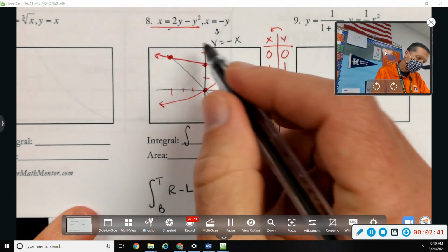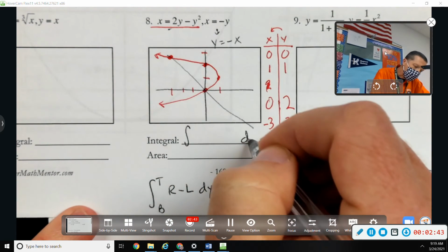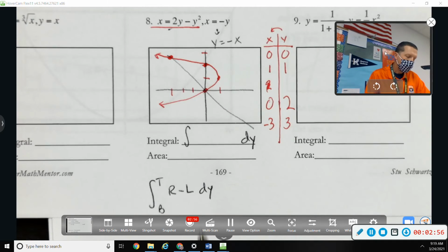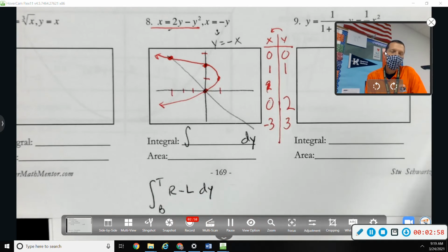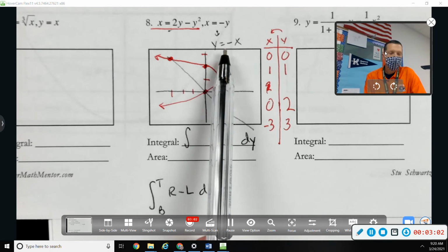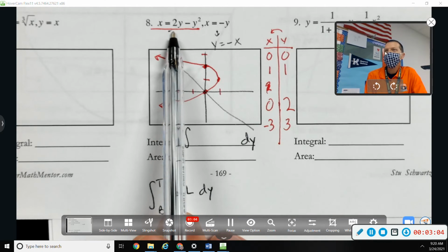So from bottom to top, actually I'm going to pick dy first because everything has to be in terms of y. Student: So if you change the equation to y equals negative x, you don't have to do the same thing for the other one too? The question was, I changed this one to y equals because that makes it easier to graph. But I can't do that for this one. I can't solve it for y.